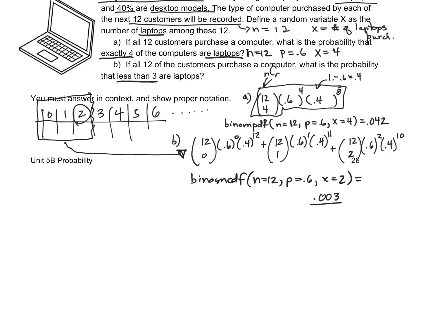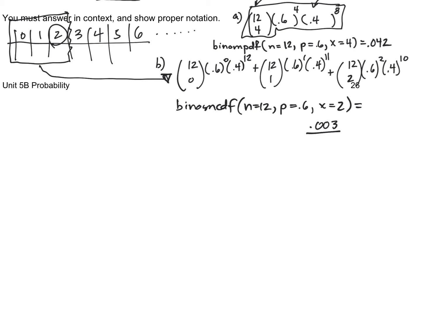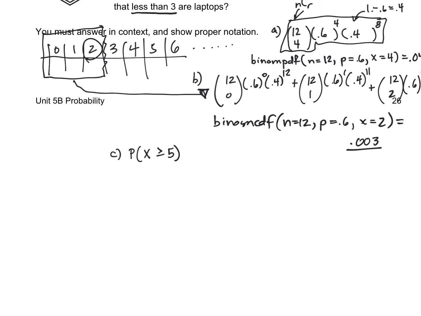So now let's throw one more in. What's the probability of x being greater than or equal to 5? That is 5 or more laptops being purchased out of 12 people. How would we approach this using our distribution table? 5 or more would be this, wouldn't it, on up?